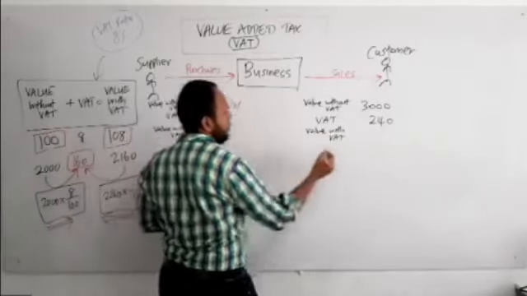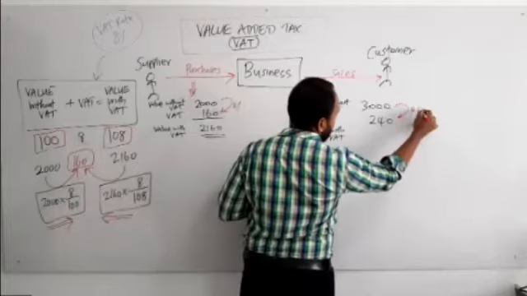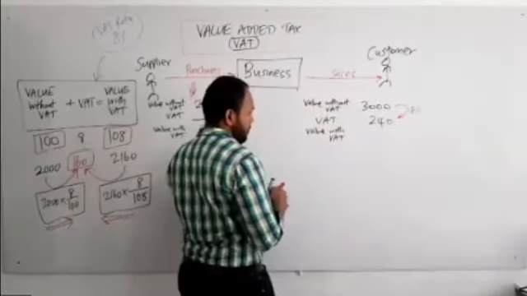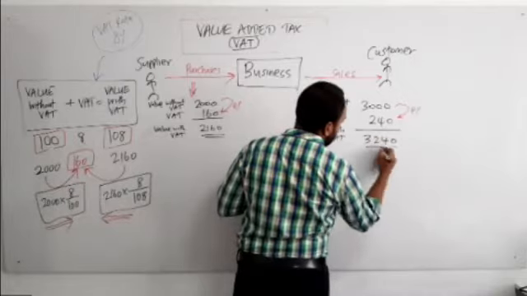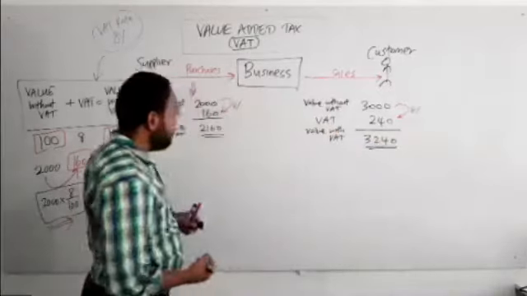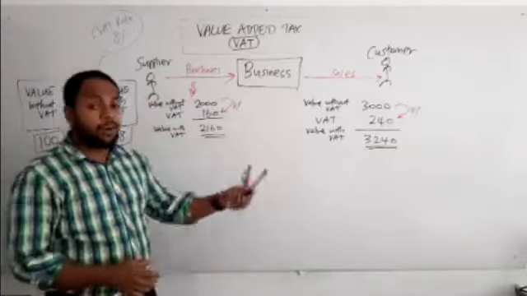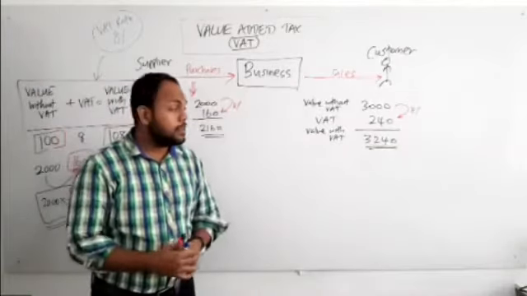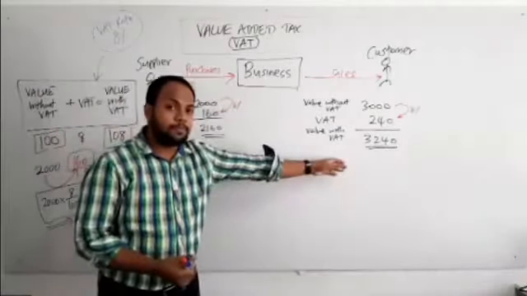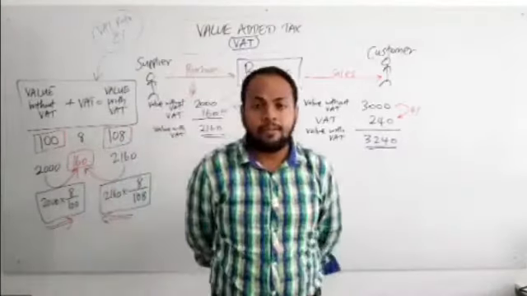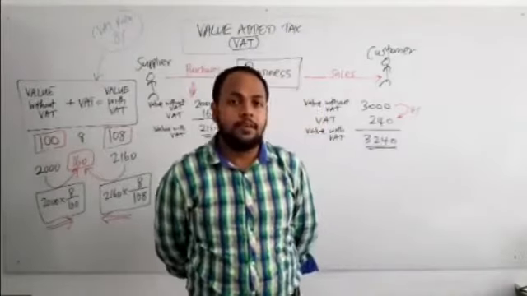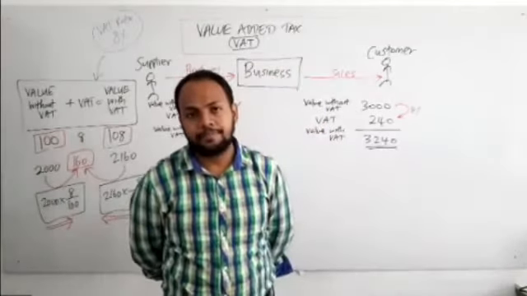Value with VAT is 3240. So that is our invoice value, 3240. Right? How are you going to record this? What is the double entry for these transactions?